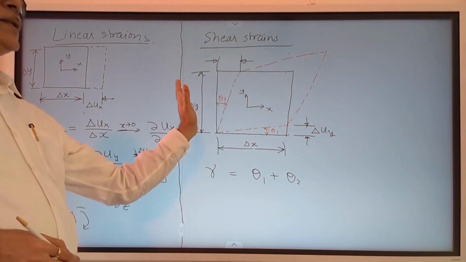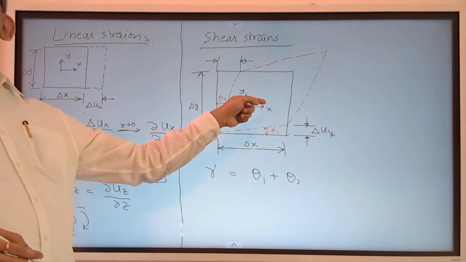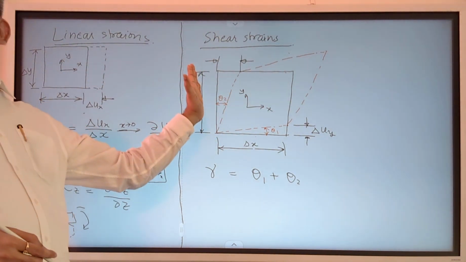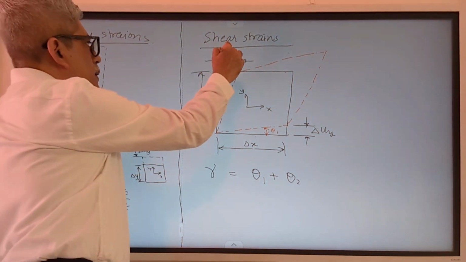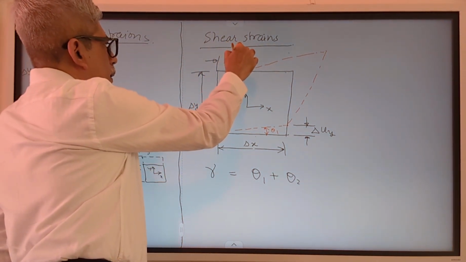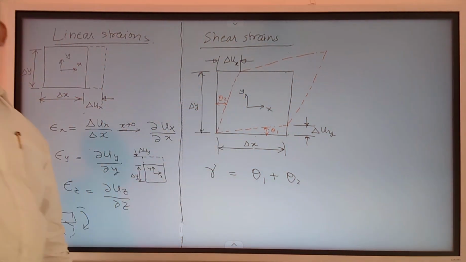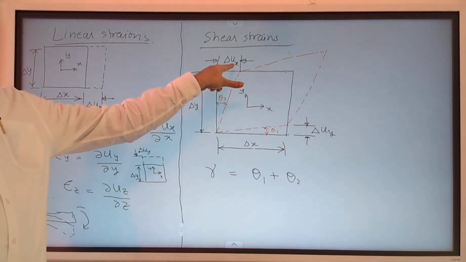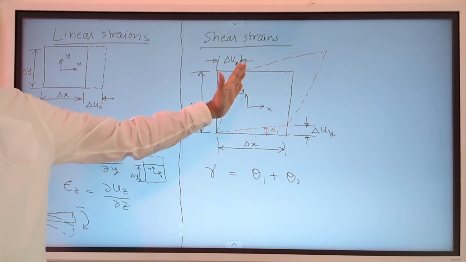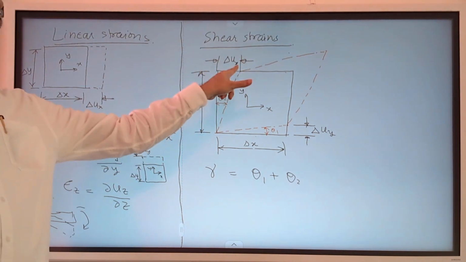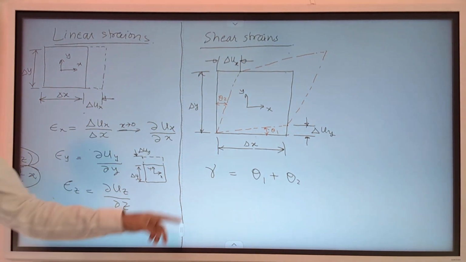Similarly, the second edge gets displaced in the x direction. Originally it was vertical. Under the action of loading, it has displaced in x direction. So I will call this delta ux, the displacement in x direction from the original vertical to the final.